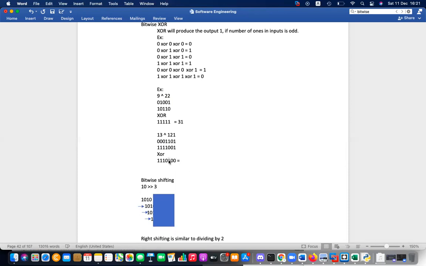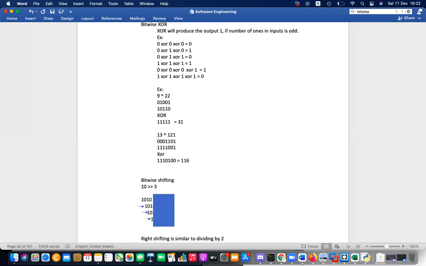This is 4, plus 16 is 20, plus 32 is 52, plus 64 is 116.